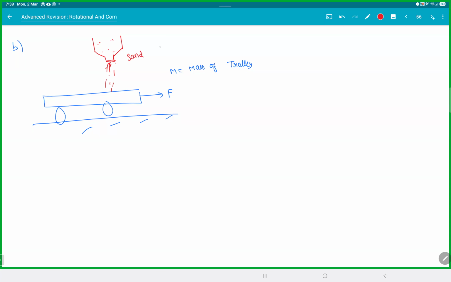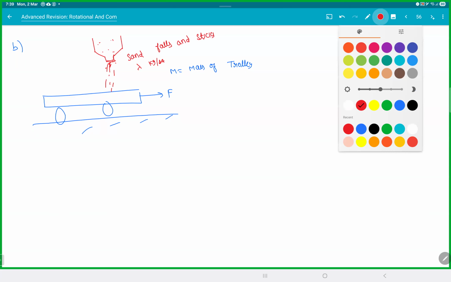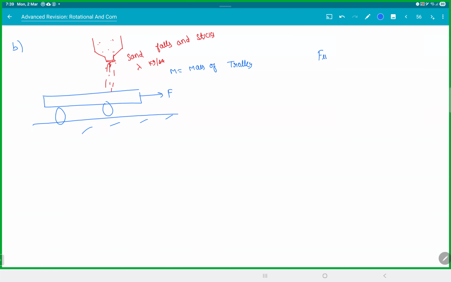Sand falls and sticks to the trolley. Lambda kg per second. Same question. Find the velocity of the trolley at time t. So in the previous case, it is leaking out. Now it is falling onto the trolley. Initially at rest.